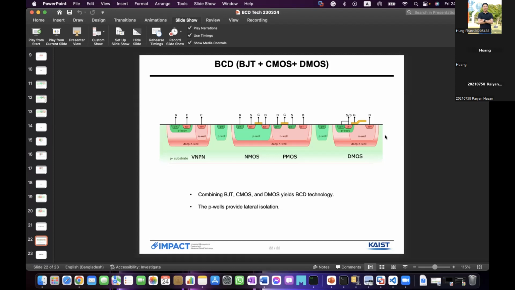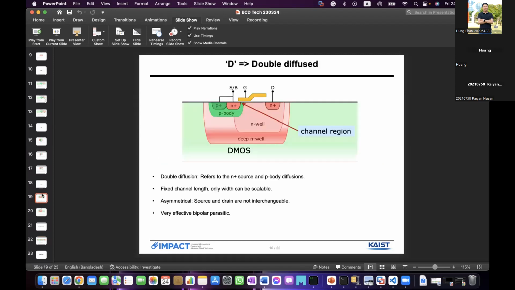Can you go back to the slide with the DMOS? Yeah, sure. Here. You can see that normal MOSFETs are symmetrical, but for the DMOS, they are asymmetrical. So source and drain are different.